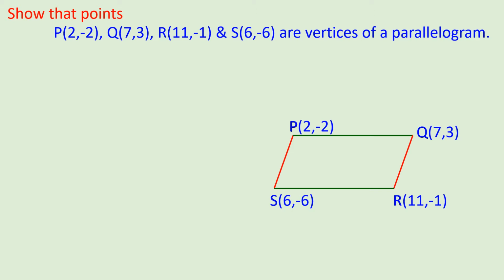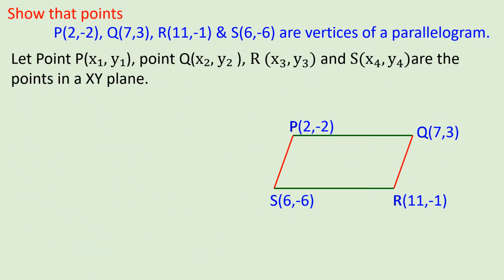So I have taken one assumed diagram, PQRS, and written their coordinates. As we require the coordinates in the XY plane, point P is (x1, y1), point Q is (x2, y2), point R is (x3, y3), and point S is (x4, y4).